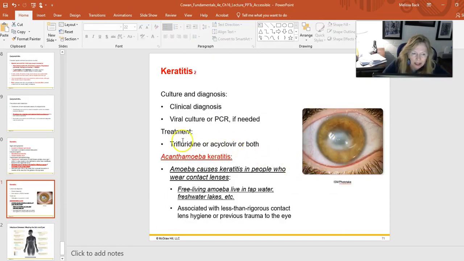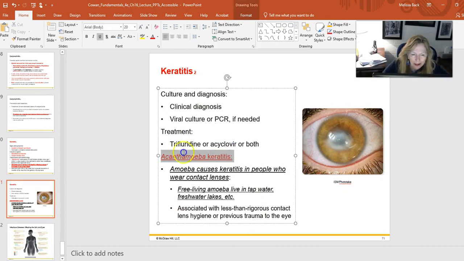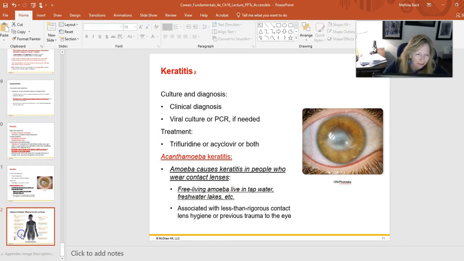Now, again, this amoeba, Acanthamoeba, can cause keratitis. This is due to contact lenses. This is a free-living amoeba in tap water and freshwater lakes and that sort of thing. So it has been associated with less than rigorous hygiene when you have contact lenses. So people with contact lenses have to be really careful.